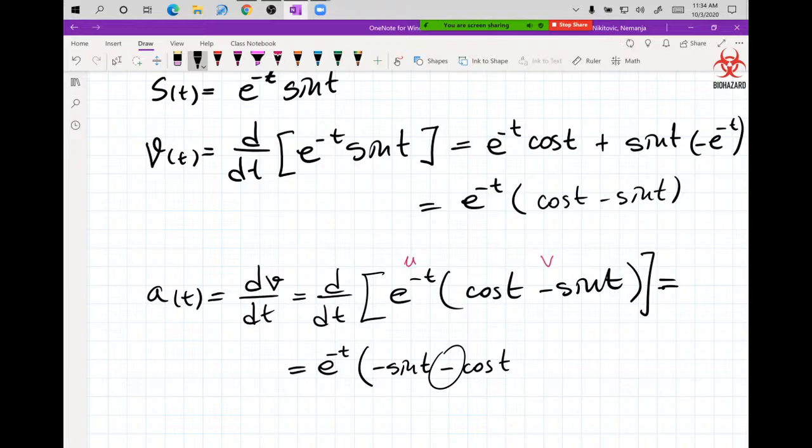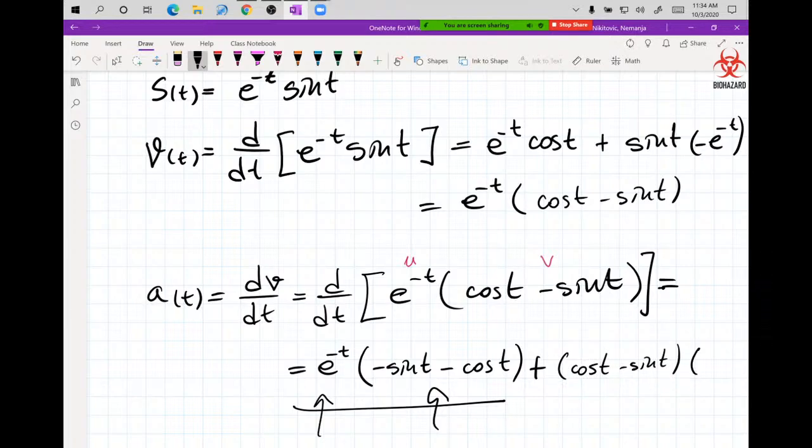This sign doesn't change because derivative of sine is cosine. And then I have plus. So all of this was copy the first, derivative of the second. Now I need copy the second, cosine t minus sine t, times derivative of the first, which is minus e to the minus t.